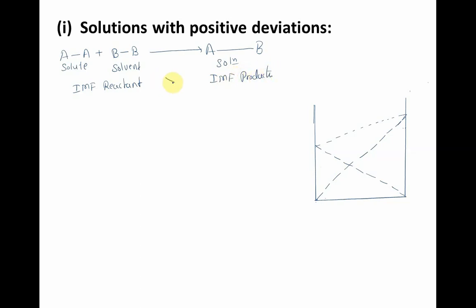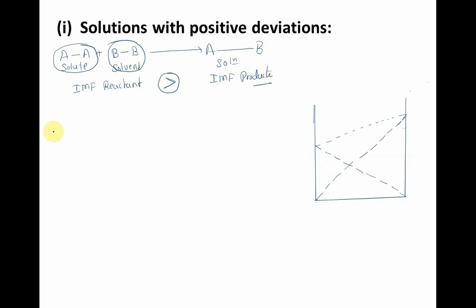In this case, when we compare the intermolecular force of reactants with the intermolecular force of products, it indicates that the intermolecular force of attraction of reactants is greater than that of products. It indicates that in pure solute and solvent, the molecules are present very close to each other. But in the products, they are present far away from each other.